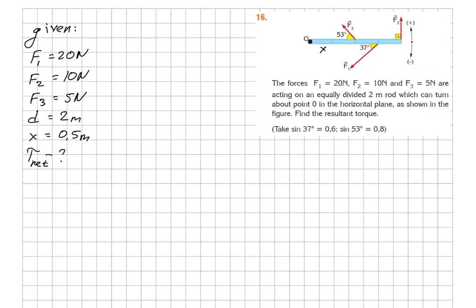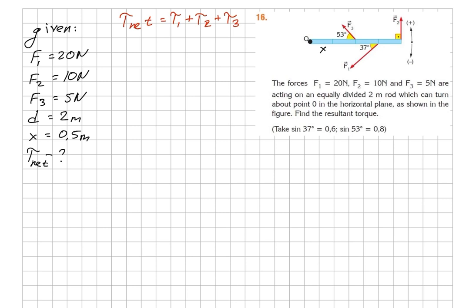That's it. Question 16. Here a beam is given, which is fixed on a pivot, and 3 different forces are applied to it. We need to define the total torque of the system. We need to apply the net torque equation, which is the sum of all torques. There are 3 torques, so it will be torque 1 plus torque 2 plus torque 3.